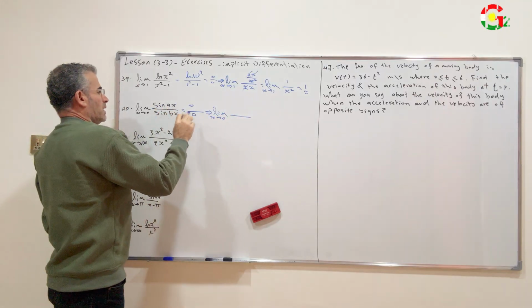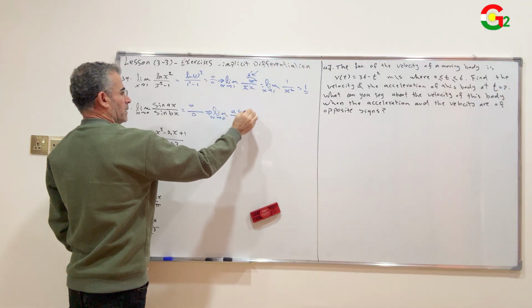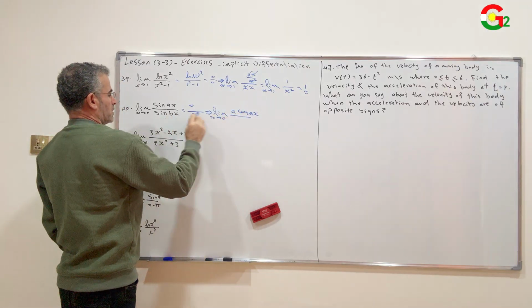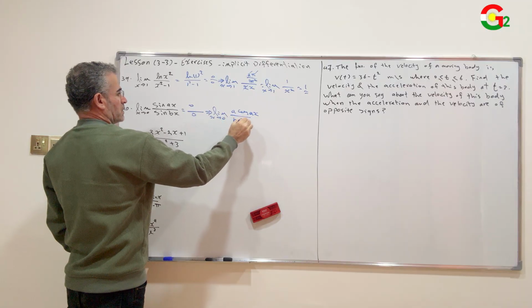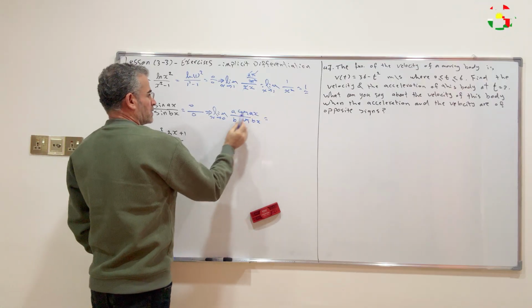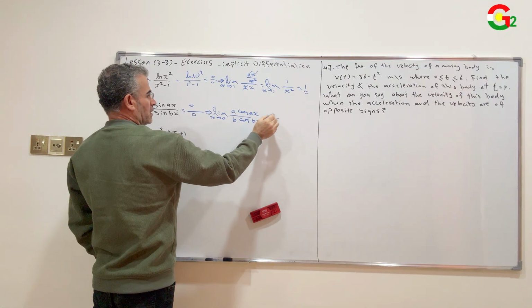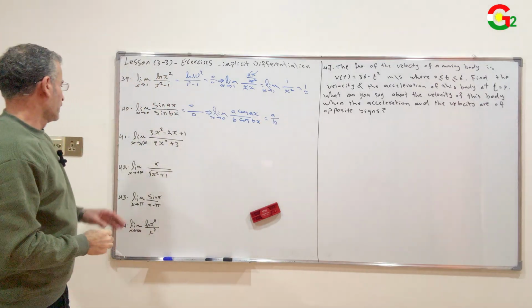Differentiate sine ax, a cosine ax over sine bx, its derivative is b cosine bx. Substitute every x with 0, cosine 0 is 1, the result is a over b.